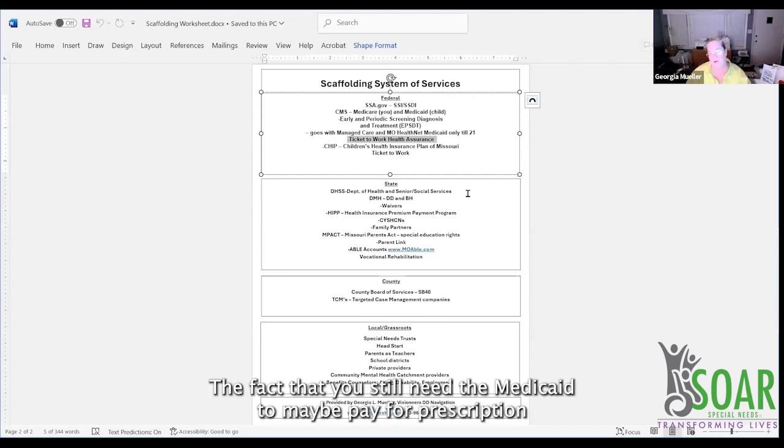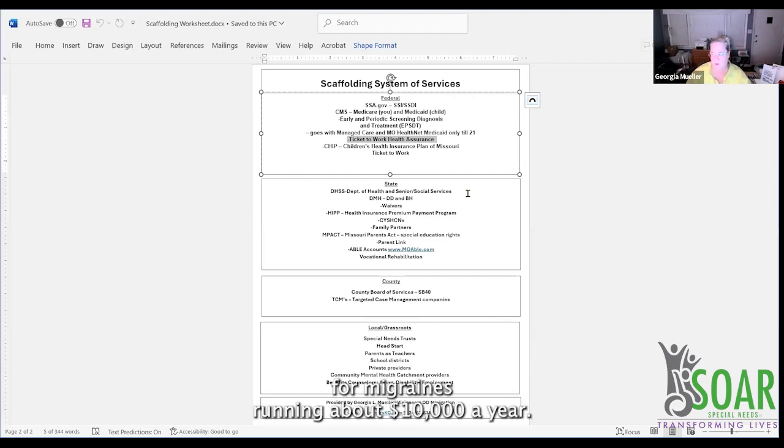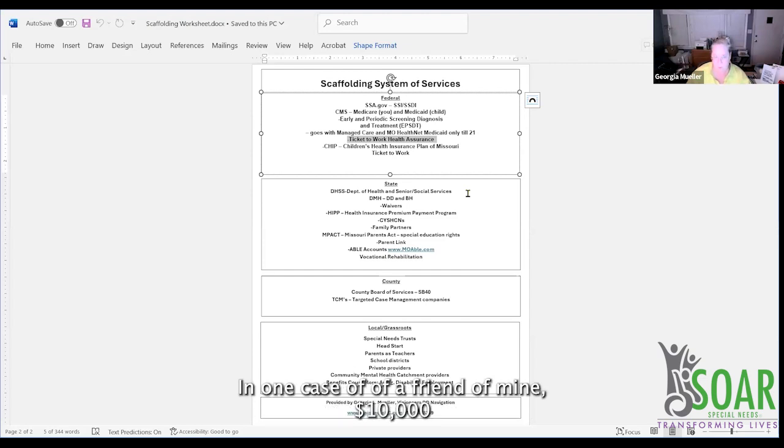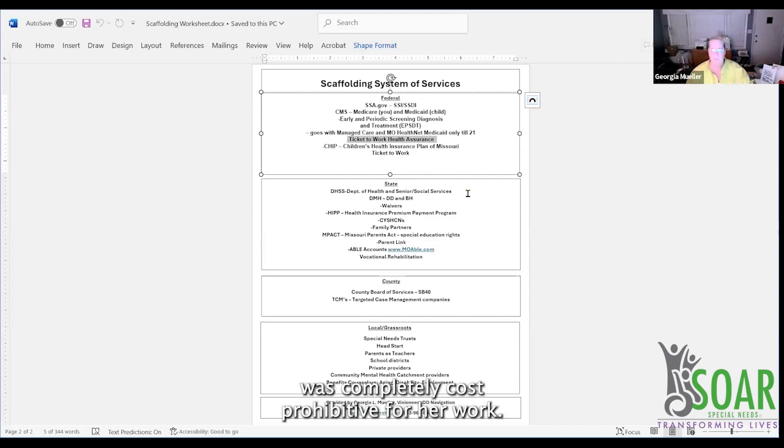And you may still need the Medicaid to pay for prescription medication. I've heard of some prescription medication for migraines running about $10,000 a month in one case of a friend of mine. Completely cost prohibitive for her to work if she cannot use Ticket to Work health insurance. And the wheelchair example is another great example.